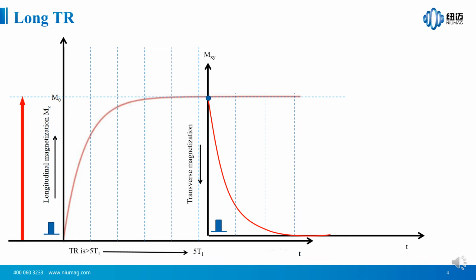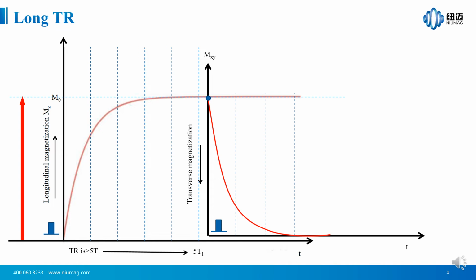Here, there is a concept of T1 relaxation time, which will be covered in the subsequent course. The T1 relaxation time is related to the magnetic field strength and the characteristic of the sample itself. Generally, if TR is taken to be 5 times T1 or more, Mz will essentially recover to M0.